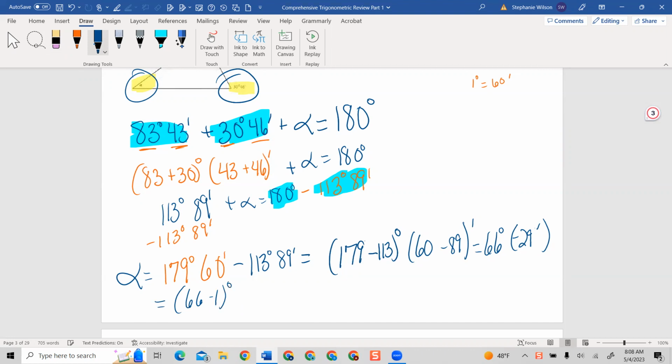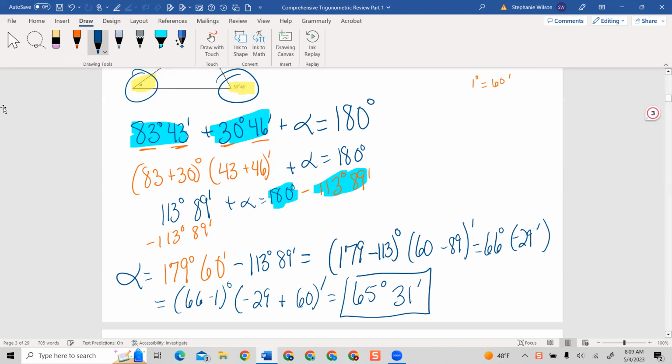Then I can't ignore that degree that I'm subtracting out, but I can add it to the negative 29 minutes. I apologize, guys, I keep saying degrees. I can add it to that 60 minutes. There we go. Now I got 65 degrees and 31 minutes. That is my answer. Okay, I'll give you a minute and then we're going to move on to the next one.